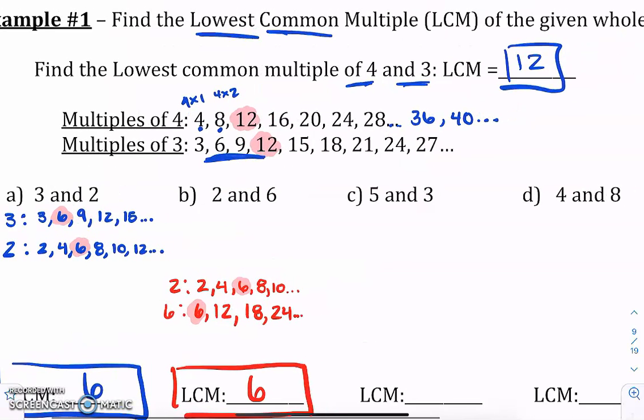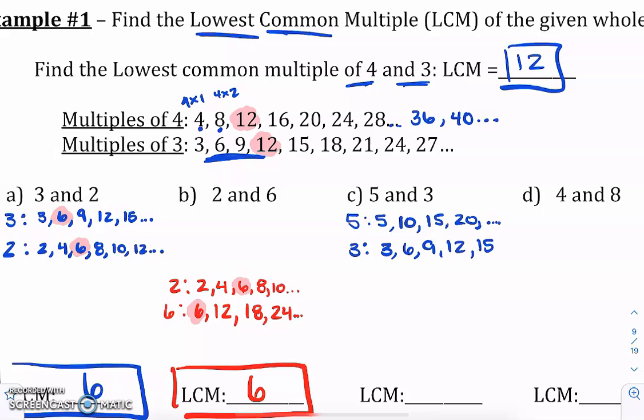So 5 and 3. Multiples of 5, 5 times 1, 5 times 2. So 5, 10, 15, 20, it would continue. Multiples of 3, 3, 6, 9, 12, 15, 18.